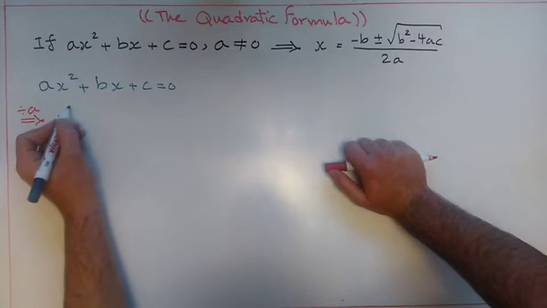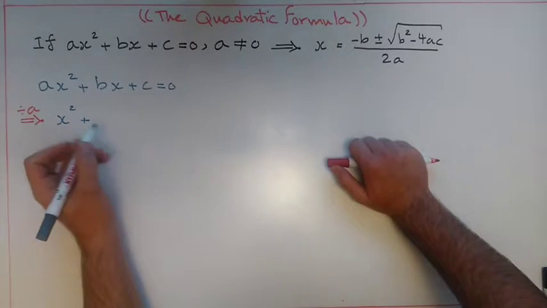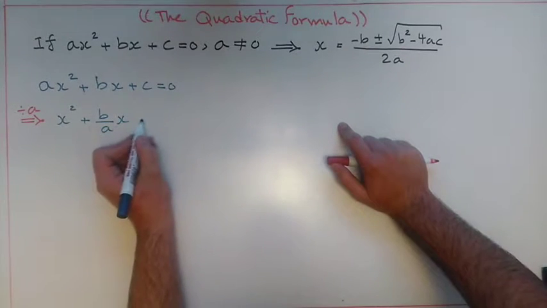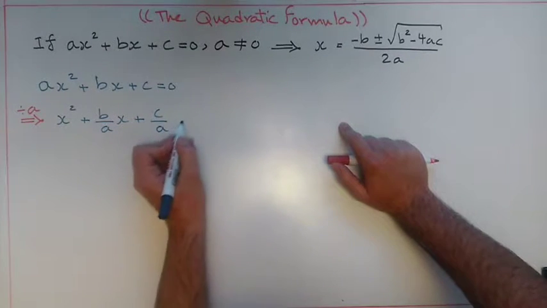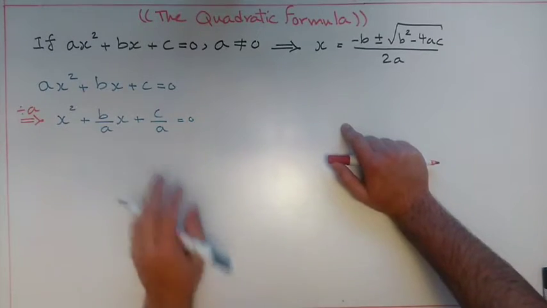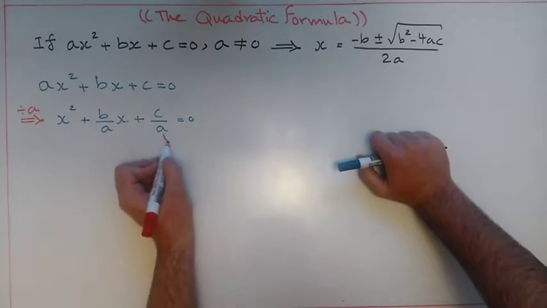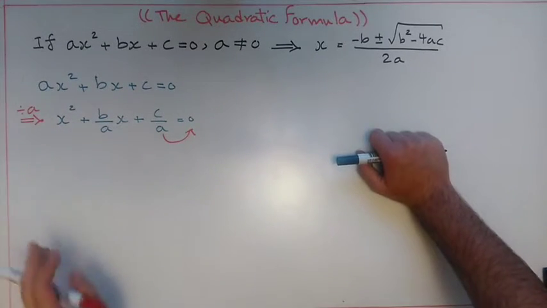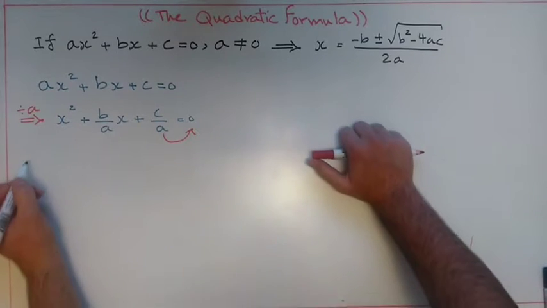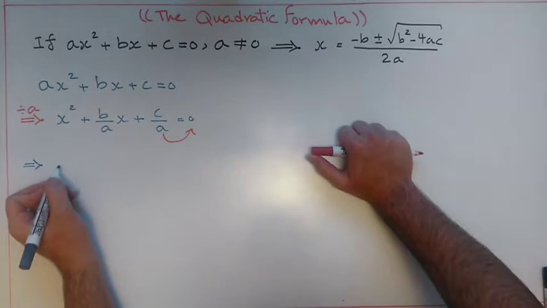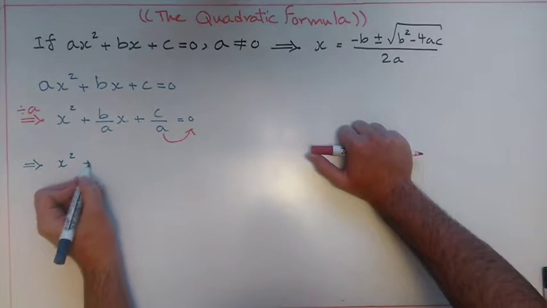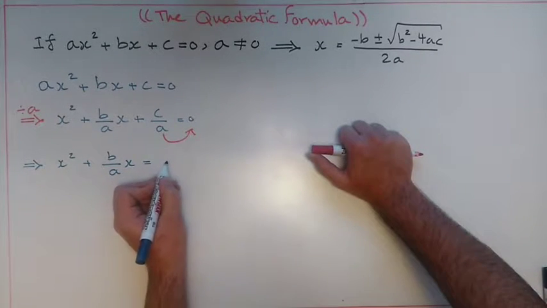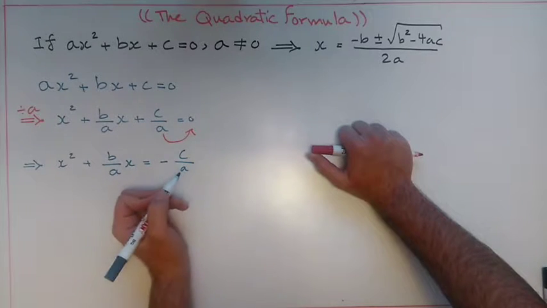Then I get x squared plus b over a times x plus c over a equals 0. Then I need to move this c over a to the other side so that I have these two terms only on one side. Therefore, x squared plus b over a times x equals negative c over a.